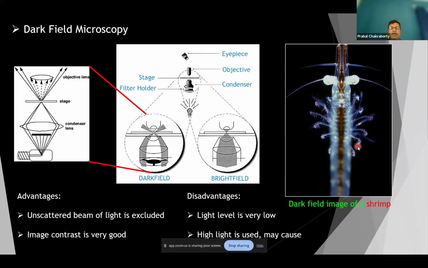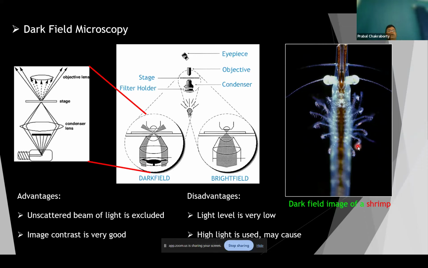And here the advantage is that the background is totally dark, so you can see the finer details, and the contrast is good. But the disadvantage is that since you are blocking too much light, you have to use a very high intensity light source, and that sometimes can create a problem for your particular sample, because sometimes the sample is not able to tolerate that high intensity of light.